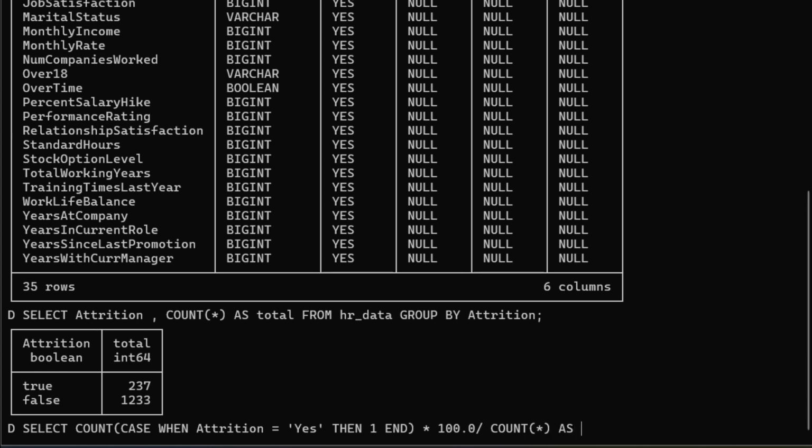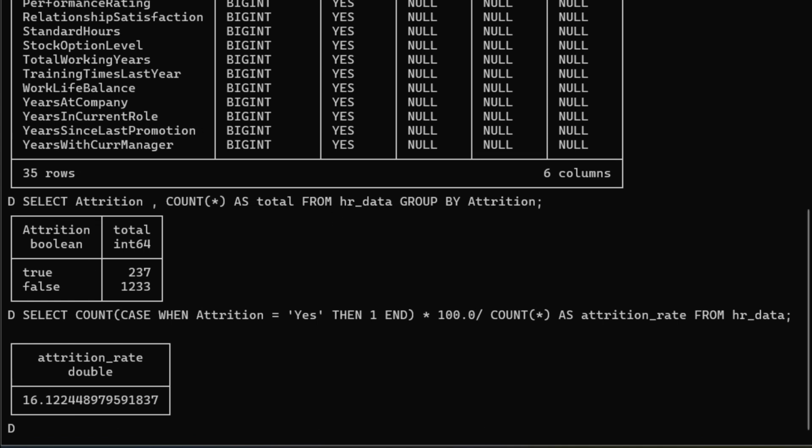Okay, and it's named as attrition rate. And we also need to add where we are doing it from. It's from HR data. So it is 16. Okay, so this gives us a percentage of employees leaving, and this is a key KPI.